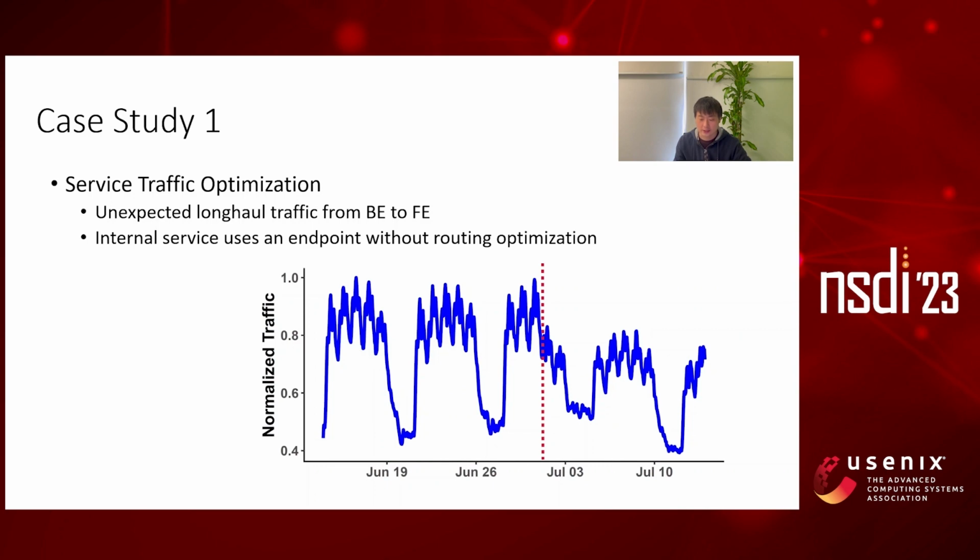We share some cases on how we leverage NetPanel to save costs. The first case is a traffic optimization case. Because Exchange is a very large organization, we cannot guarantee that everyone is on the same page. In this case, there is an internal service that mistakenly uses an endpoint without our routing optimization.